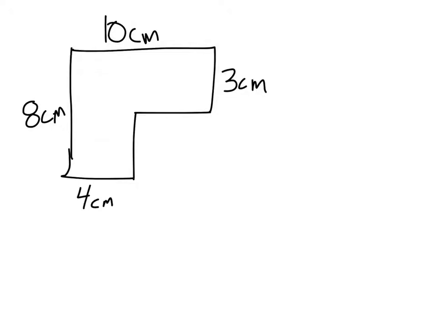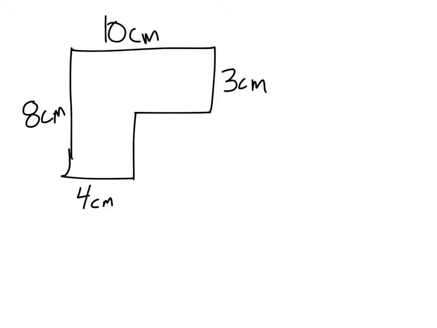So we have this shape, and one thing we may want to do is find these missing side lengths, like this one and this one. If we look at the vertical values, we're looking at this green side right here. Now the whole red side there would be made up of the green side and also the orange side.